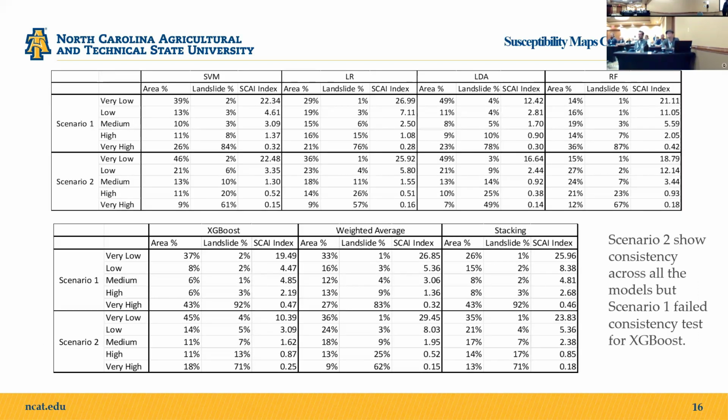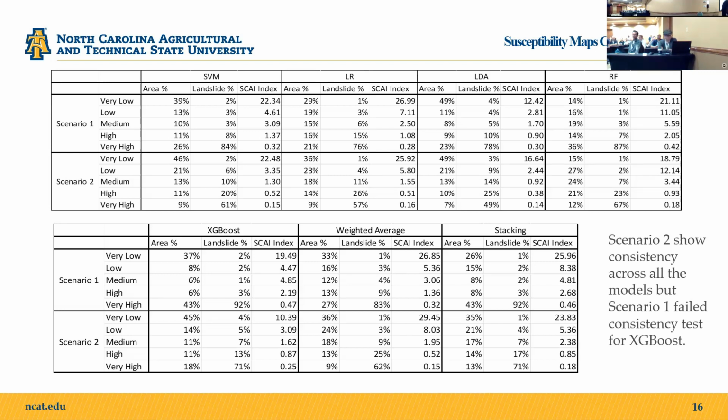So here we want to use the SCAI metrics to measure the consistency of our map. Are our maps consistent, or is it just the accuracy? Is it just by luck?